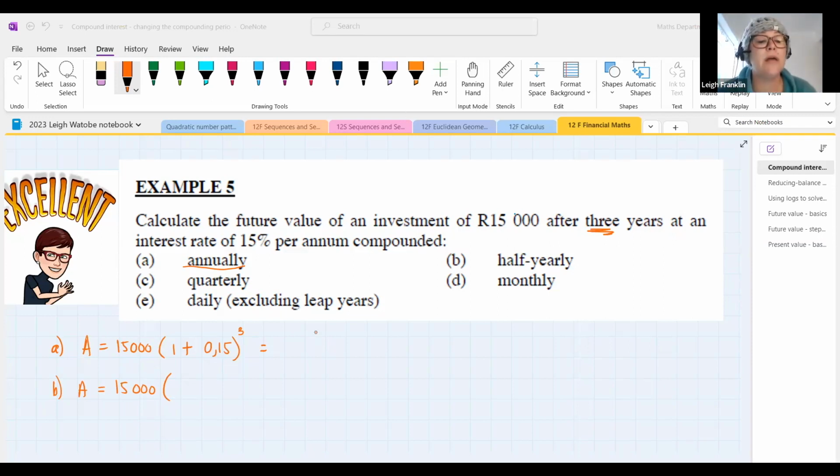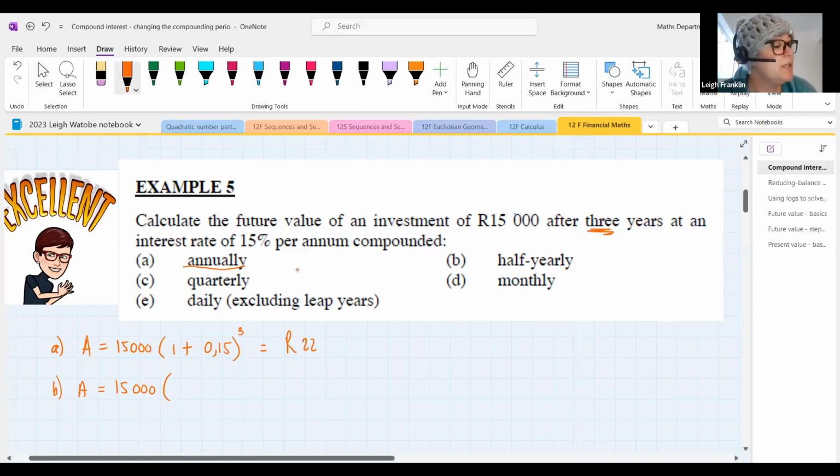So good, well done. All right, so remember we're going to put in the rand sign. And we're going to end up with, as you guys have been telling me, R22,813.13 if we round it correctly to 2 decimal places.